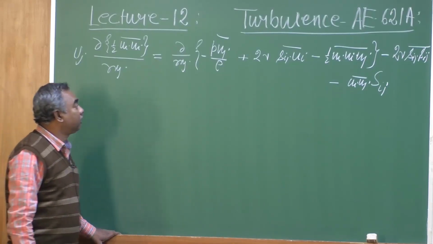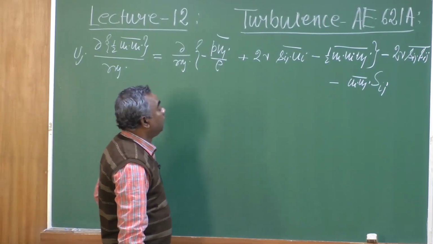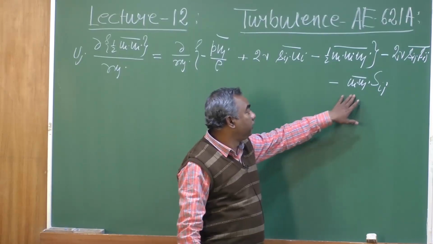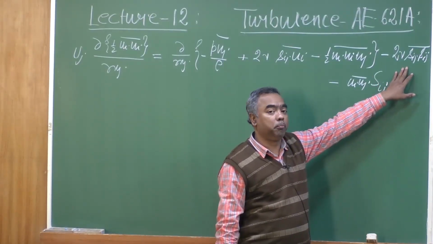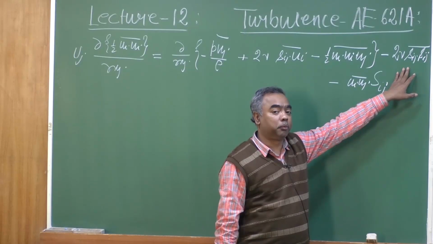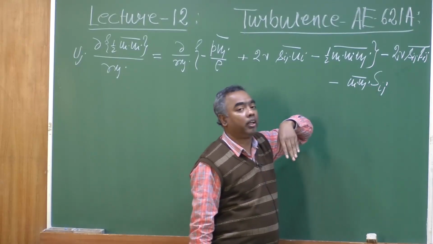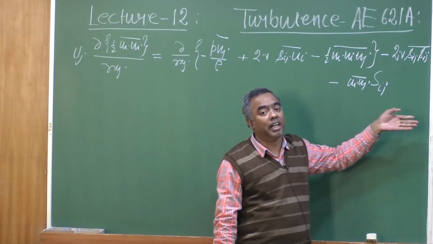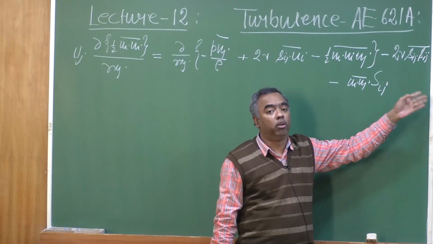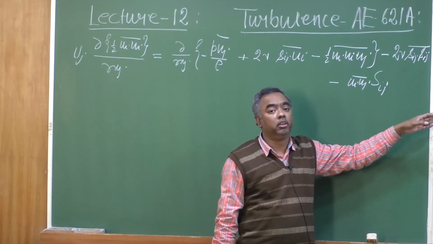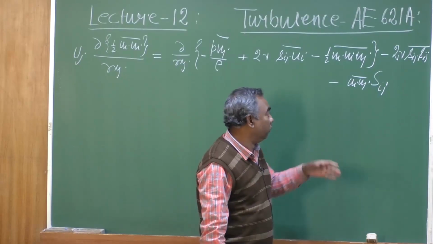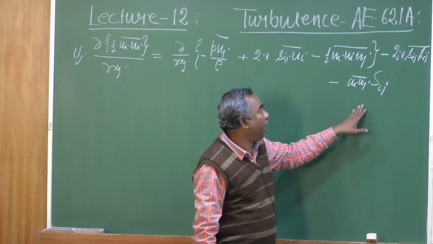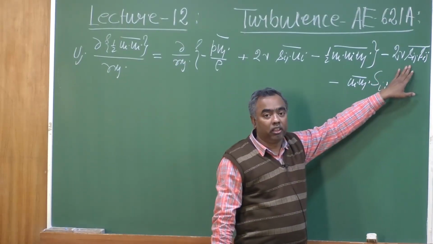So, in the last class the discussion was based on homogeneous pure shear flow, where except u I all average quantities with respect to space are 0, right. And this was our dissipation.